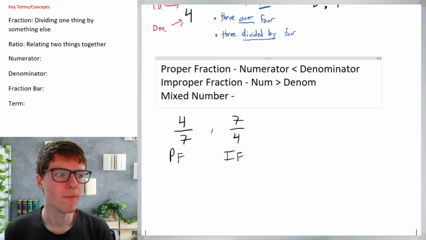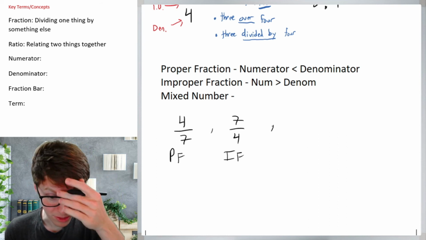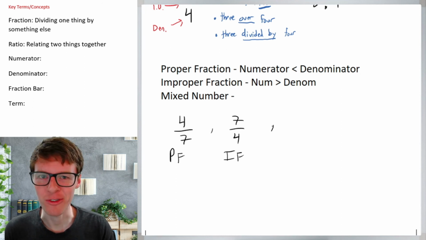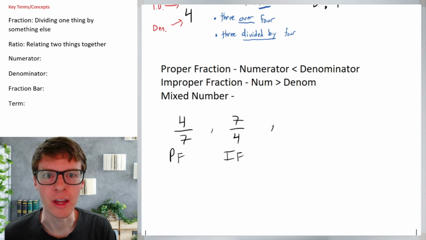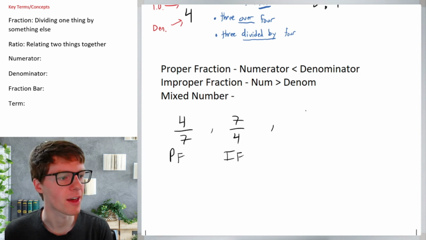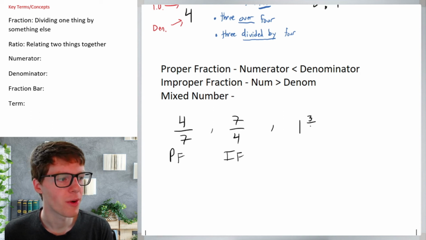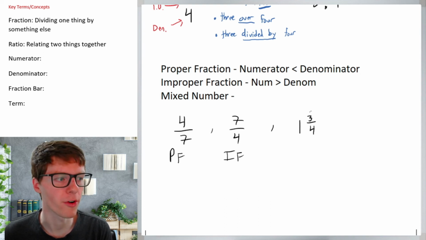And then finally, the mixed number is something that I personally really dislike. I hate using this. I hate when textbooks use it. I think it's very useless. Outside of things like, I don't know, cooking, when you're measuring out flour or stuff like that. But a mixed number is going to be when you have an integer, or a whole number, in front of a fraction.